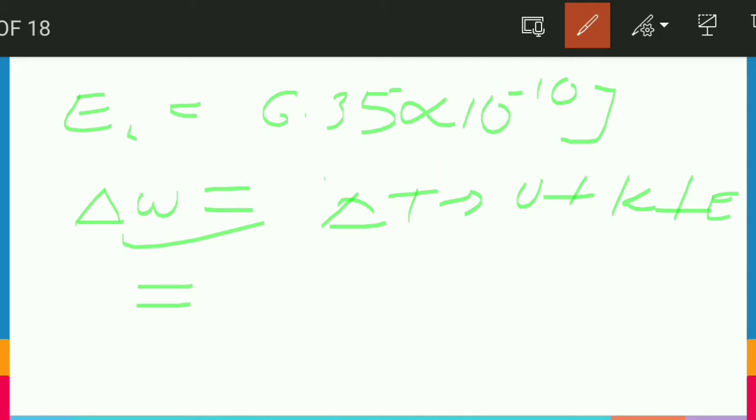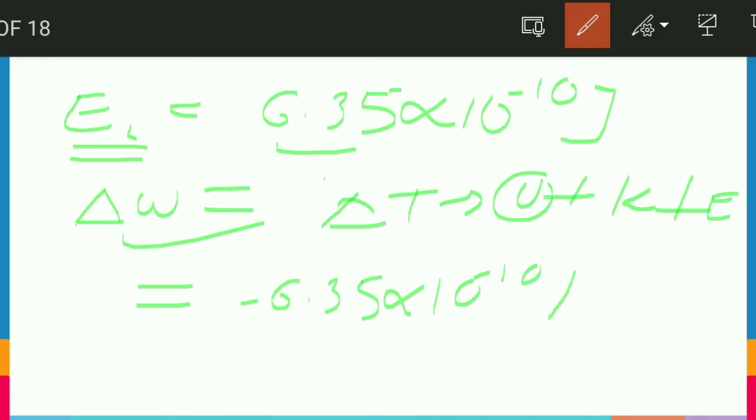And the change in internal energy will be E final minus E initial. E final is our E2 and E initial was our E1, so it will be E2 minus E1, which is minus 6.35 into 10 to the power minus 10, and plus this change in energy.